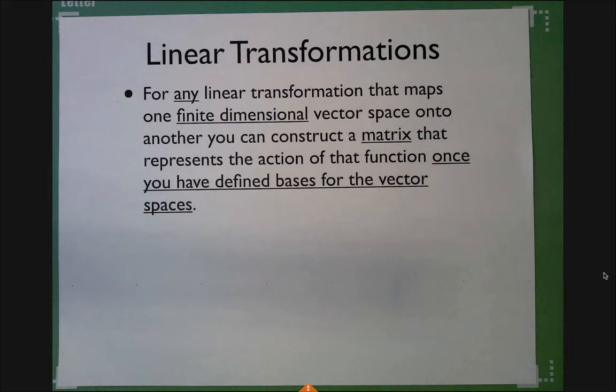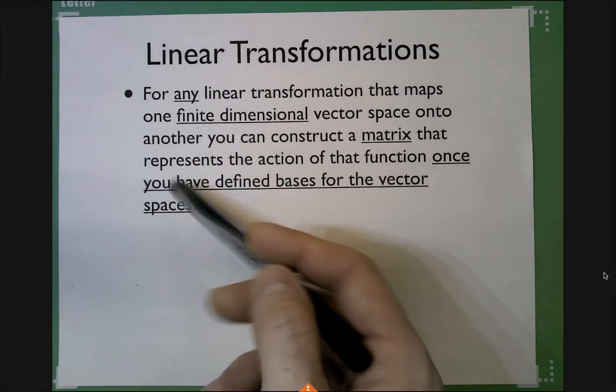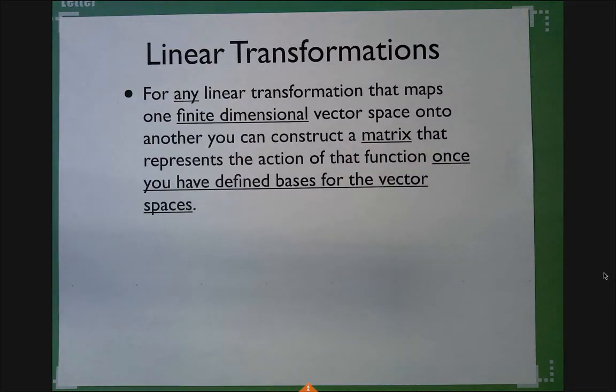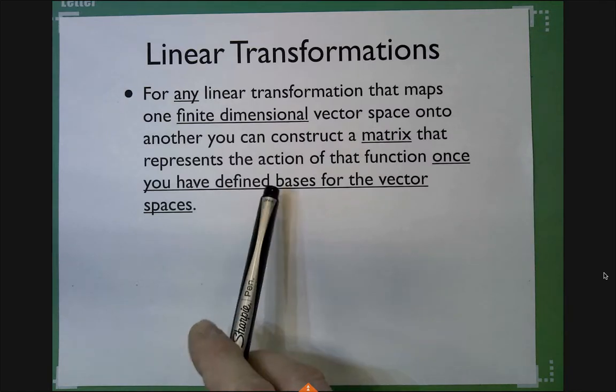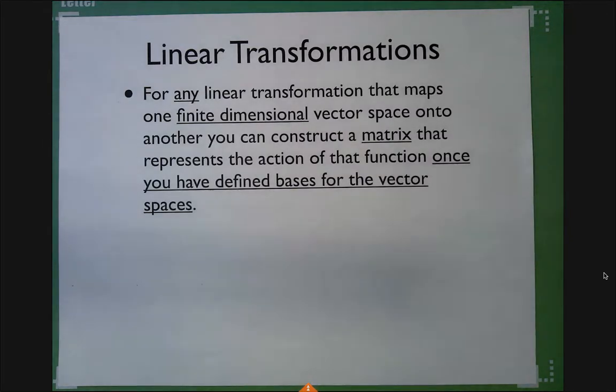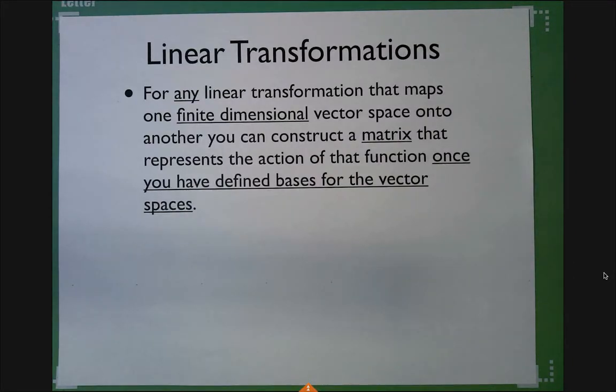We haven't talked much about finite dimensional vector spaces. Basically every R^n is a finite dimensional vector space, so that's fine there. And we're focusing only on the standard bases, which are perfectly valid bases, but there is a more general concept of bases. So it also works for different types of bases.